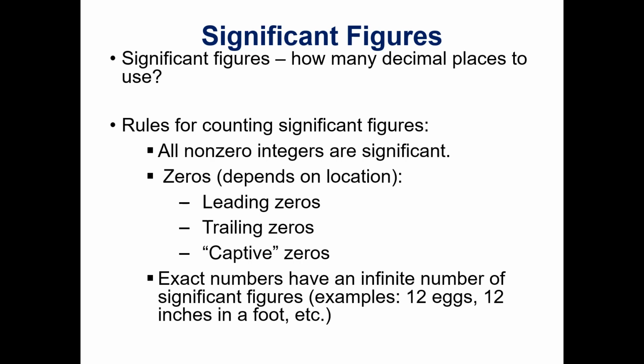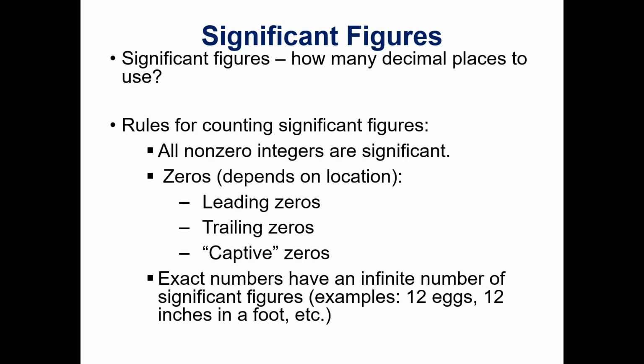So we're going to talk about 3 different types of zeros in a number and how we know whether or not they're significant. Before we get there, I do also want to mention really quickly here that sometimes we have exact numbers. So exact numbers are things like 12 eggs or 12 inches in a foot. We sometimes refer to these as counting numbers.